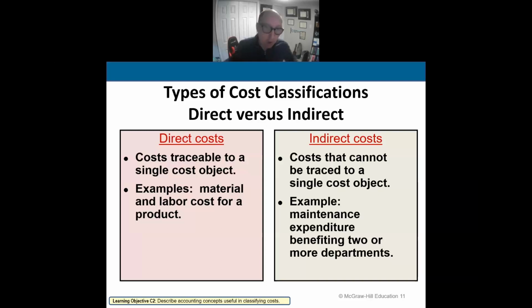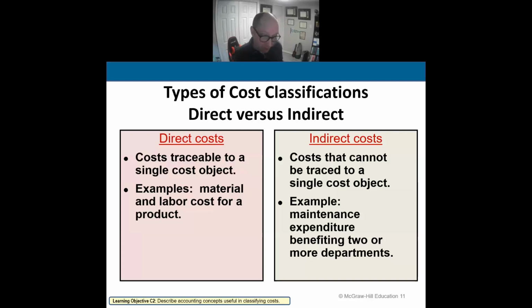Indirect costs are costs that cannot be directly traced to a product. A couple of examples. Indirect costs would include, in our auto manufacturing facility, things like maintenance for the building.